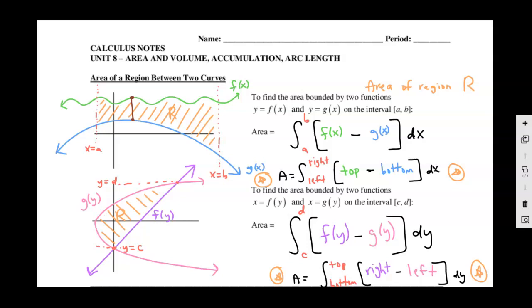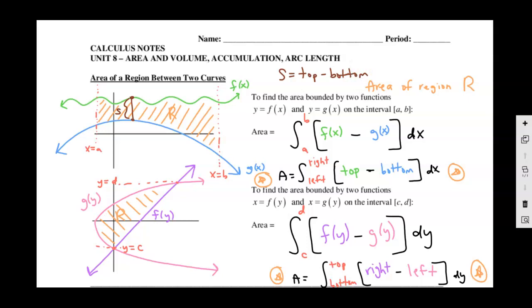And if we have two curves like this, where one of them is always on the top and the other one is always on the bottom, well, then this distance, I'm going to call it S for now, this distance S between the two curves, that S value is just going to end up being top minus bottom. And again, that S value, that's the distance between the two curves.